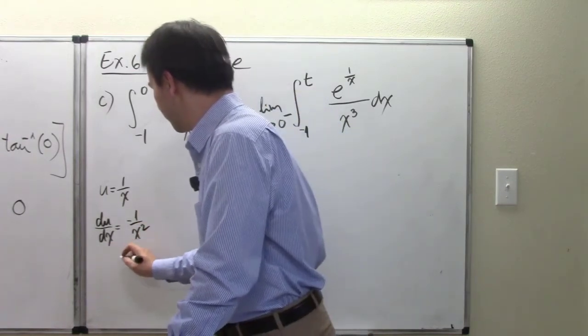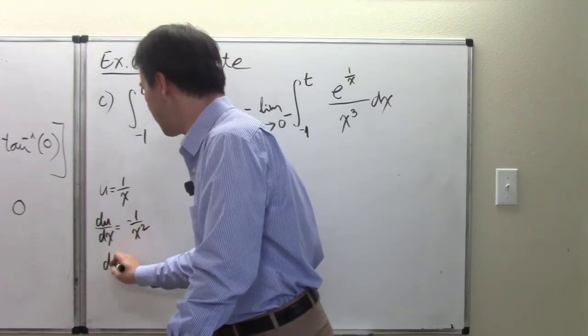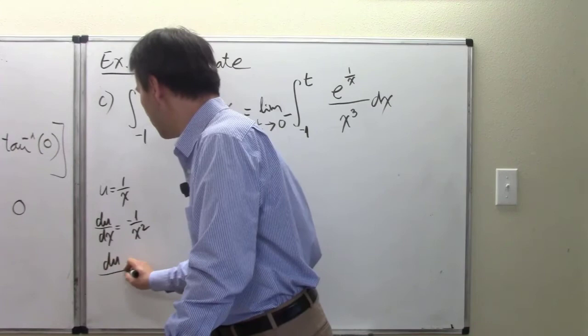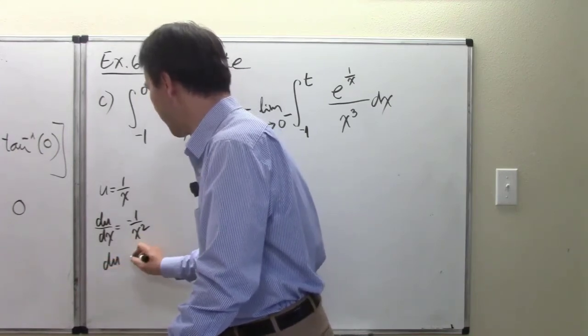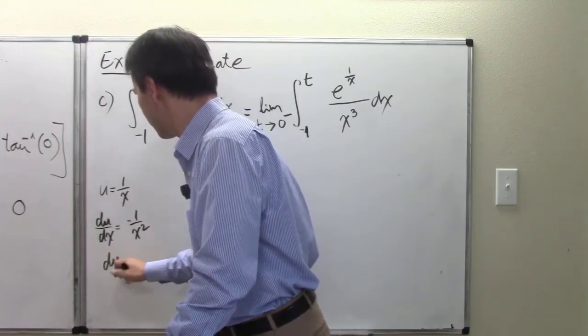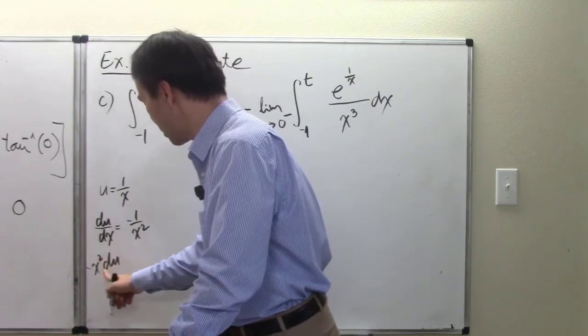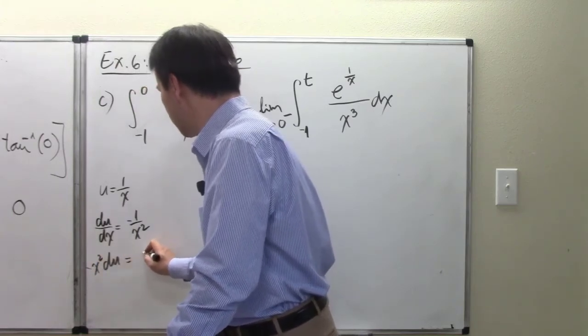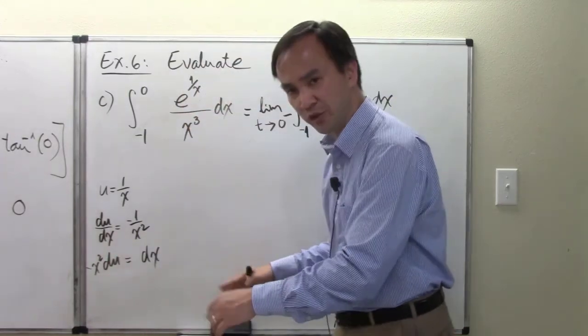And then that means further that I can rearrange this as minus x squared times du equals dx. Okay, that will create for me a later substitution point right there.